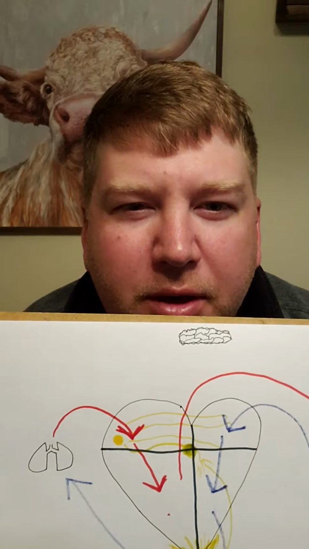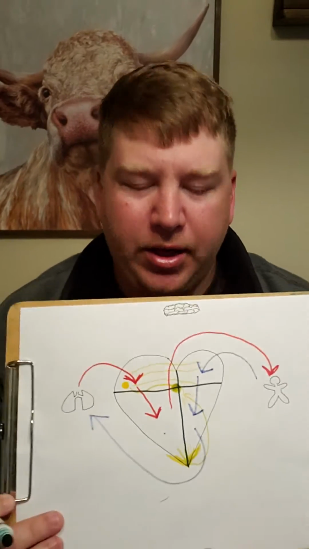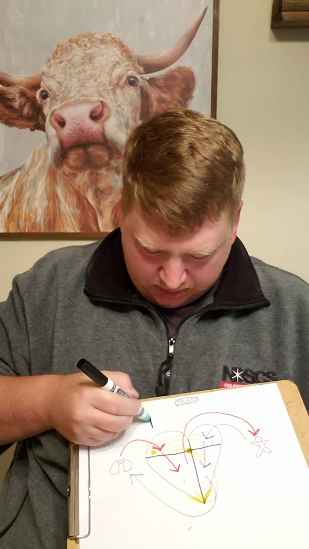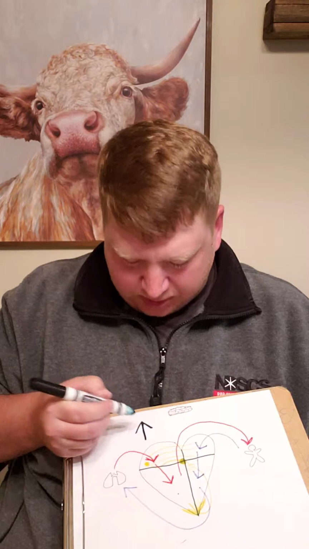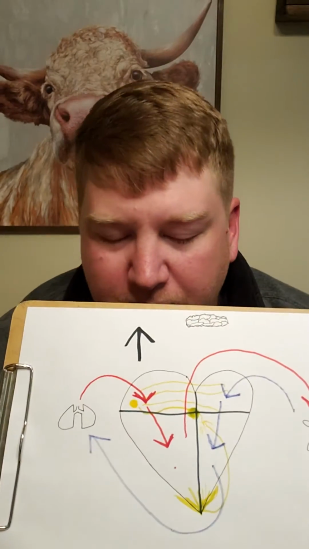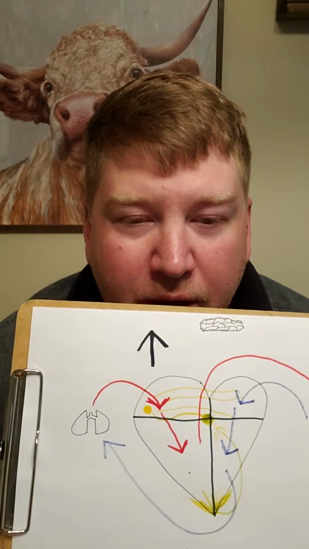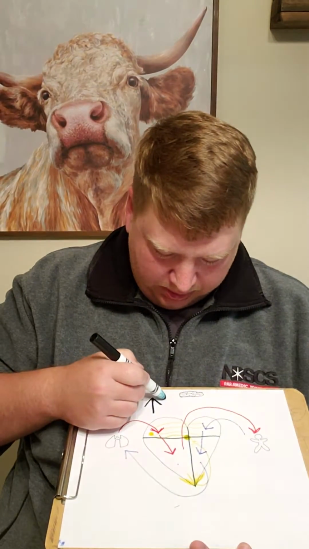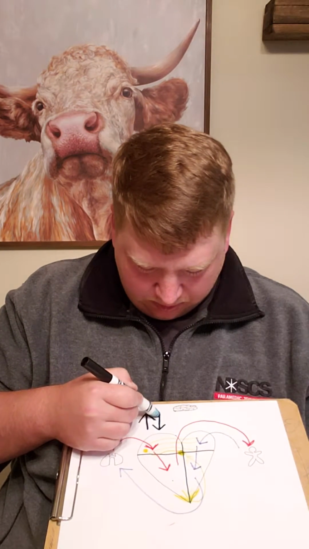It's going to have epinephrine hormones, epinephrine and norepinephrine, and those are going to make your heart rate speed up. So we're going up faster, faster, faster. Now your parasympathetic nervous system is going to release acetylcholine. What that does is it wants the heart rate to slow down. We gotta go slower, slower, slower.